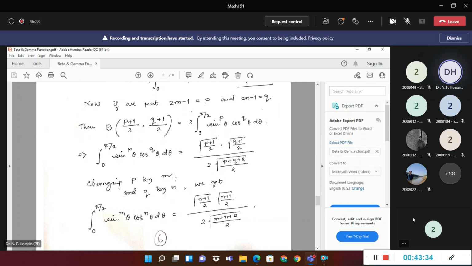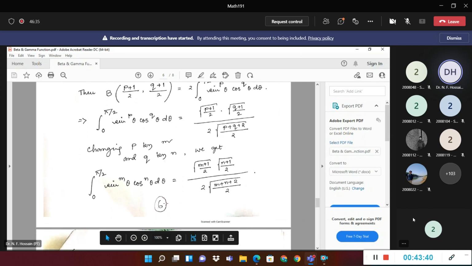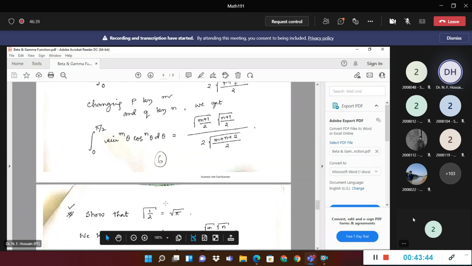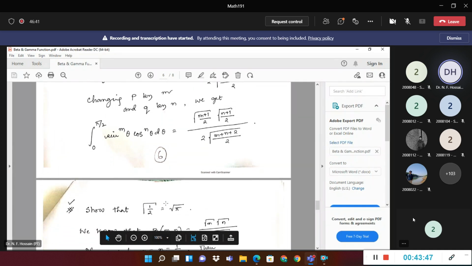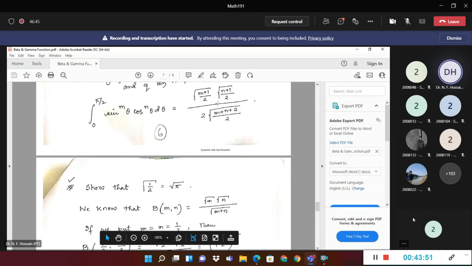If you change p by m and q by n, we get this expression. Integral 0 to pi by 2 sine to the power m theta cos to the power n theta is this. Gamma m plus 1 by 2 into gamma n plus 1 by 2 divided by 2 into gamma m plus n plus 2 divided by 2. Very important result for evaluating this type of integration.